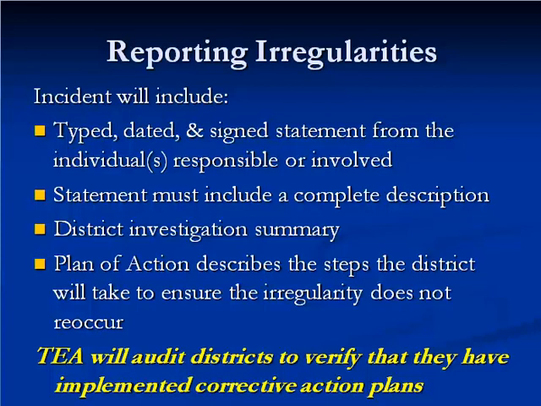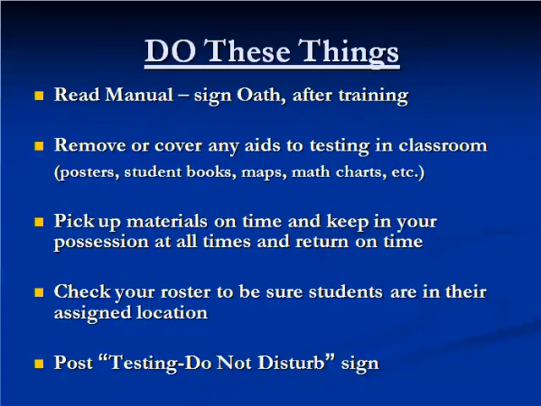In the future, TEA has installed a new audit process that once a plan of action is sent, they will audit to verify that they have implemented those corrective action plans. So that is something that we want to prevent and not have to write out. So yet again, just ask questions ahead of time if you do have one.